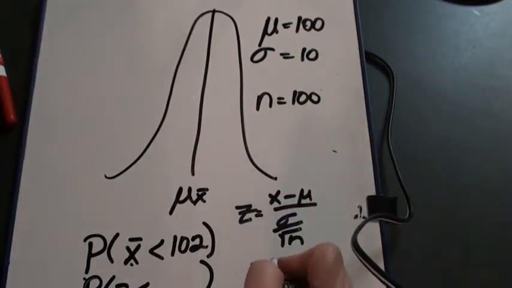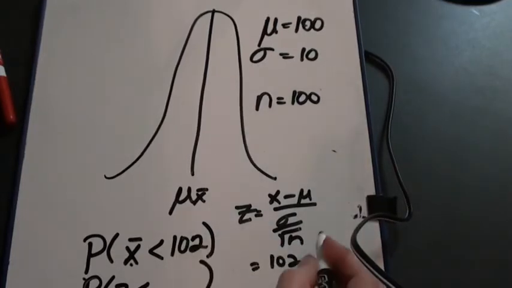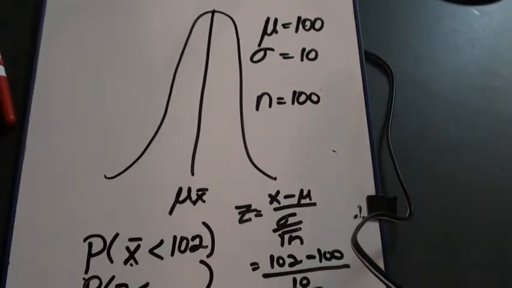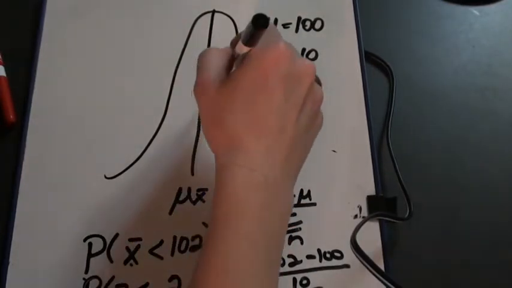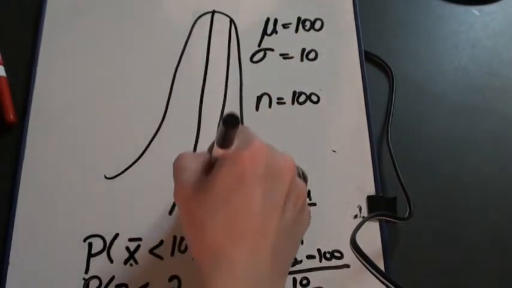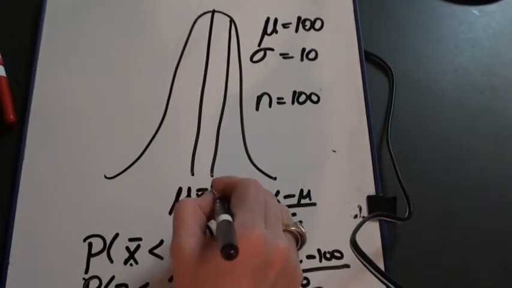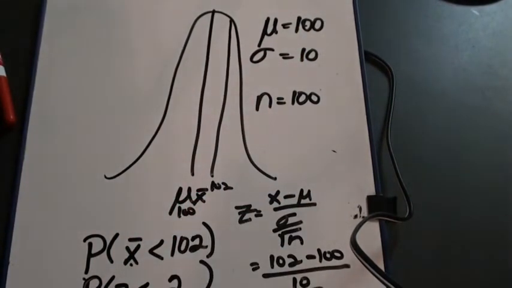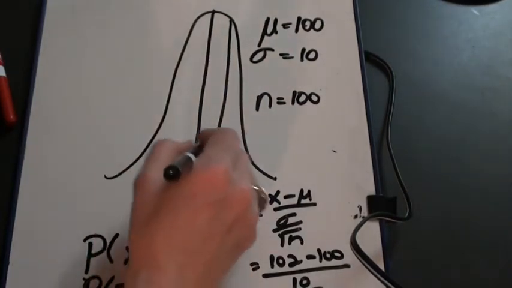So the formula is 102, the number you want to convert, minus your mean of 100, divided by the standard deviation divided by the square root of the sample size. So you would get 2 over 10 divided by 10, which is 1, so you'd get 2. Here would be your 102, here would be your mean of 100, and you're looking for less than.